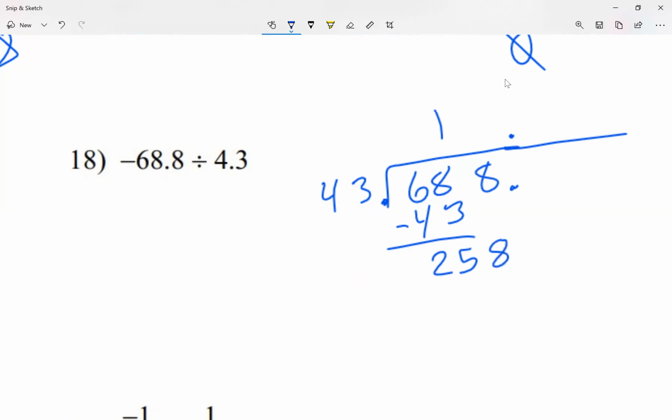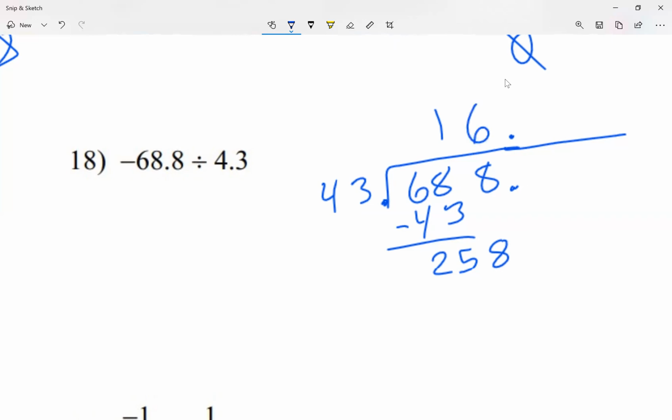Now I'm thinking, all right, 43 into 258. Okay, so in my mind, I'm thinking 43 is kind of like 40. 258 is kind of like 240, right? Because then I can divide this by 6. And I'm thinking, okay, 40 into 240 goes in 6 times.